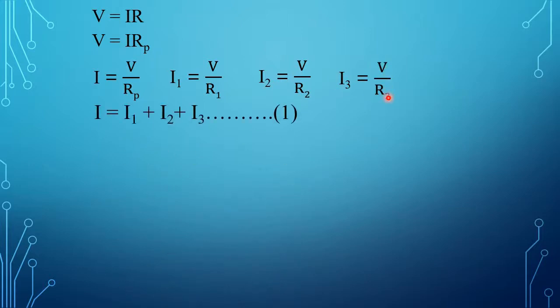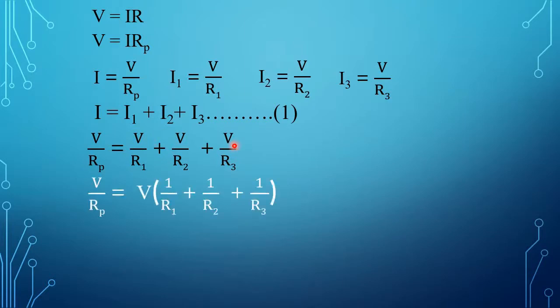Now let us put these values of I1, I2 and I3 in equation number 1. So we get V upon Rp equal to V upon R1 plus V upon R2 plus V upon R3. Now here V can be taken out as a common factor.